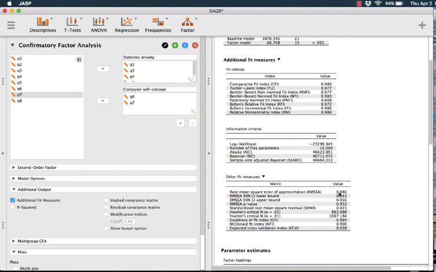And you can see that we get a value of 0.04. That is less than that threshold of 0.05 that we mentioned, so we would consider this a very good fit. In fact, it gives us a 90% confidence interval between 0.031 and 0.05. So we can be 90% confident that we have a very good model fit.